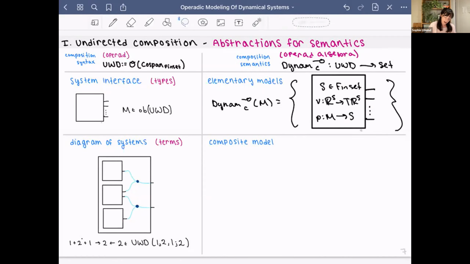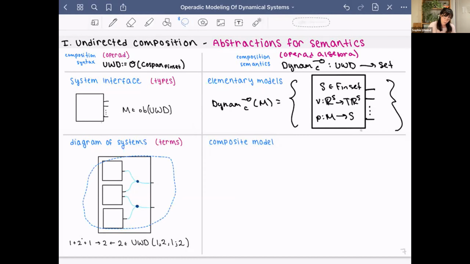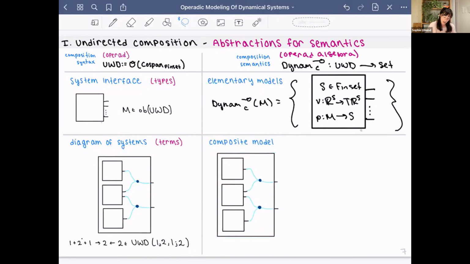So suppose we have this diagram of systems. And we're going to fill each of the domain types, these inner boxes, with elementary models of the appropriate form. So for our first box, we just have one state variable, a population of rabbits, and its dynamics are grow at some rate beta.